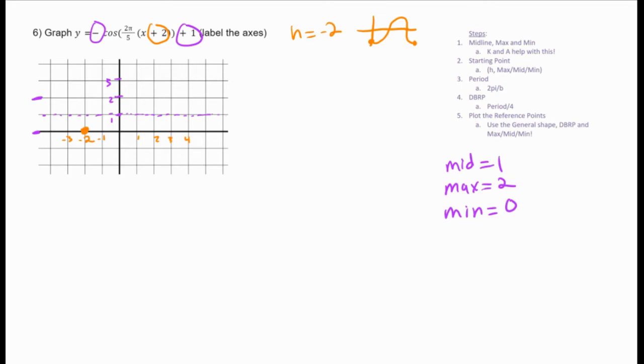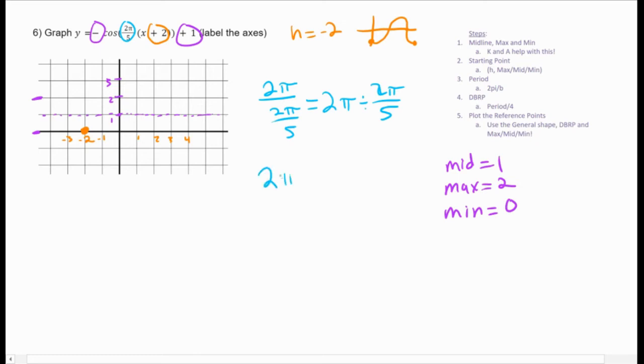Next, we're going to find the period by doing 2 pi over b. It looks like my b value is 2 pi over 5. So 2 pi over 2 pi over 5 looks confusing, so let's change it to a division problem: 2 pi divided by 2 pi over 5, which is just like multiplying by the reciprocal.